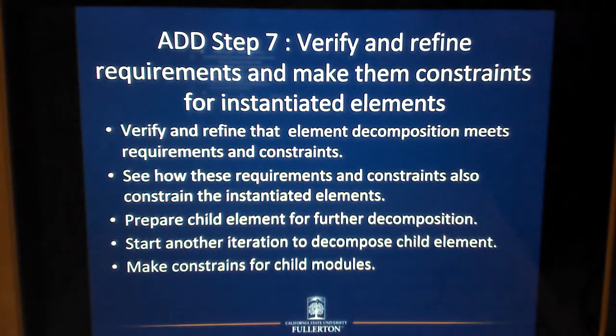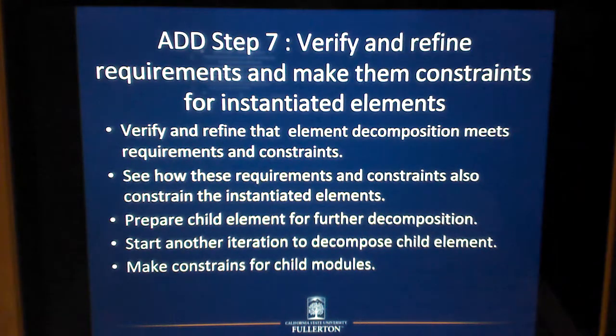In step 7, we verify that element decomposition meets functional requirements, quality attribute requirements, and design constraints. And we see how these requirements and constraints also constrain other instantiated elements. After that, the architect starts another iteration to decompose the child elements.